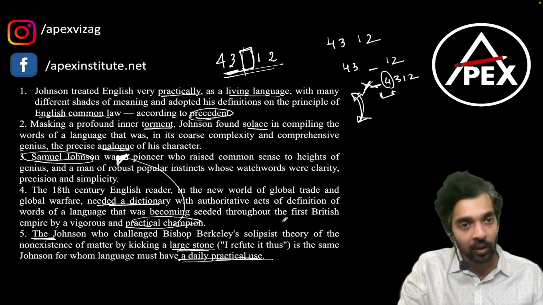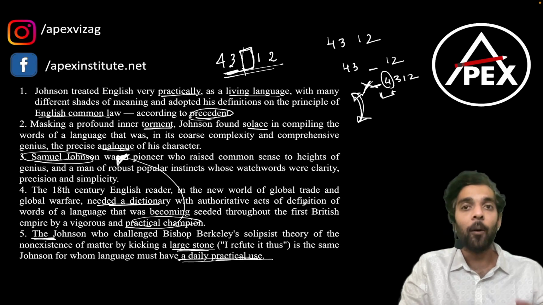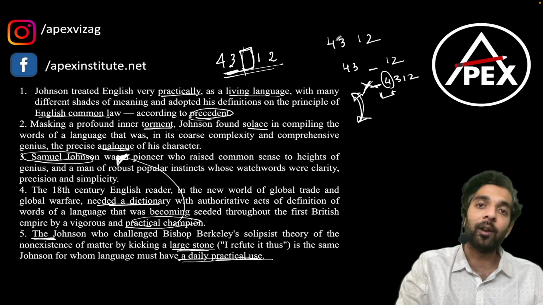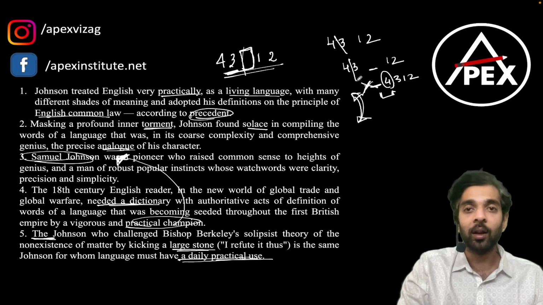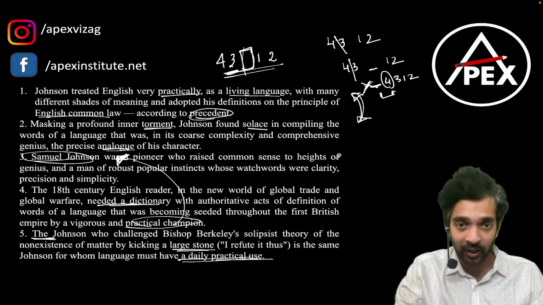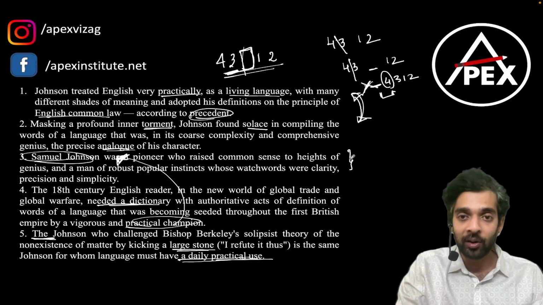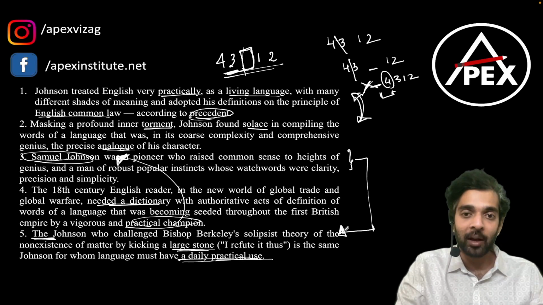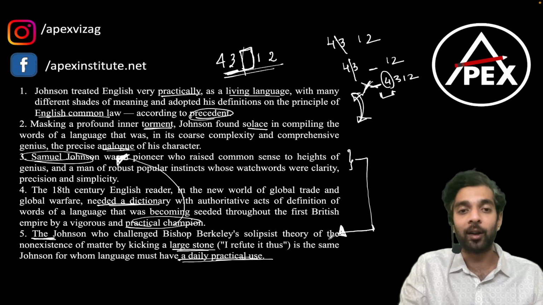So now we understand something more clearly, that definitely 4 and 3 are together, but after I've introduced Samuel Johnson, I can say that this was the guy who made claims to refute the solipsist theory of the non-existence of matter.